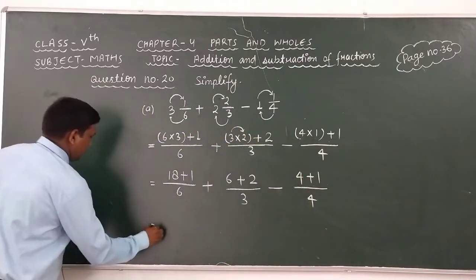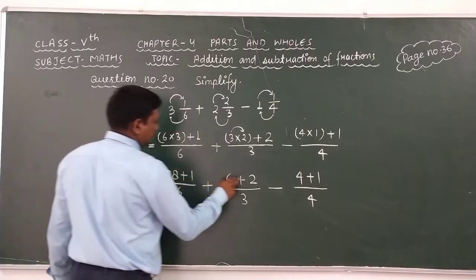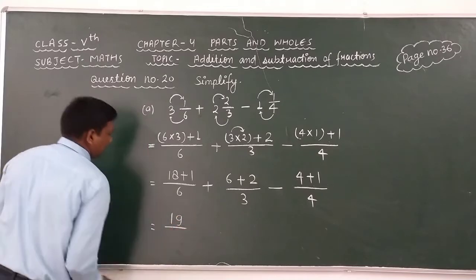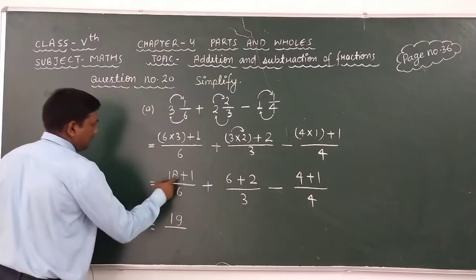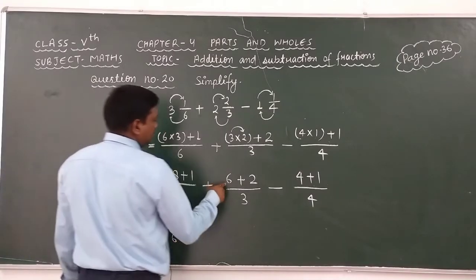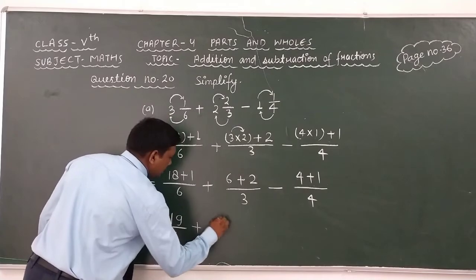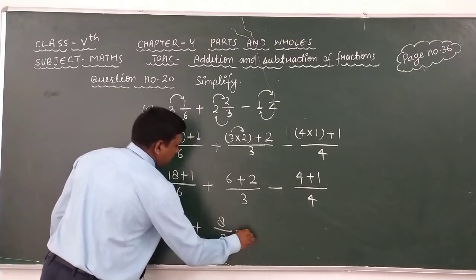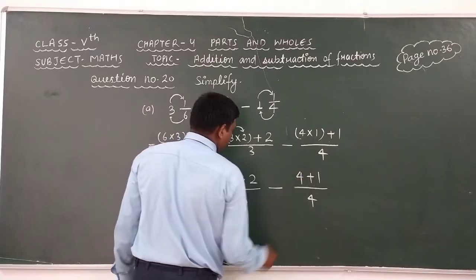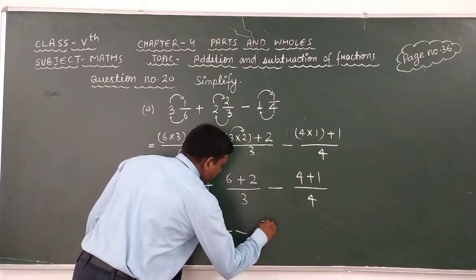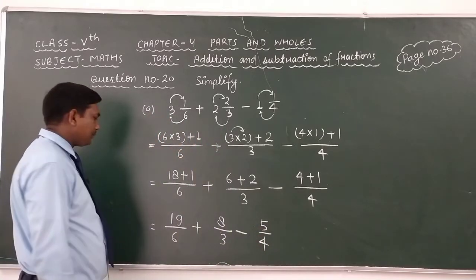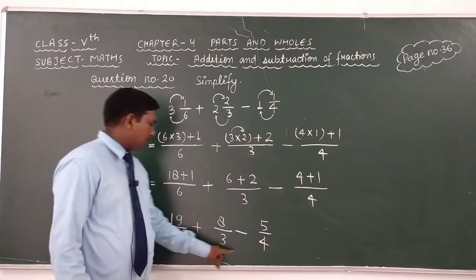Okay, again after adding these we get 18 plus 1 is 19 over 6 plus 6 plus 2 is equal to 8 over 3 minus 4 plus 1 is equal to 5 over 4. Okay, understand?